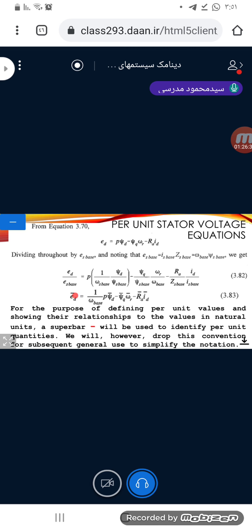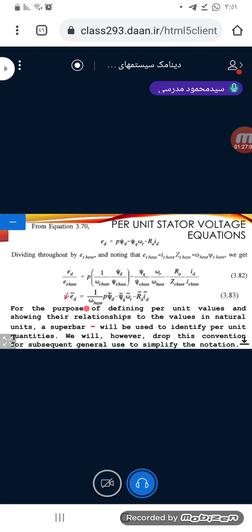That is, e_d super bar is equal to 1 over omega base p psi_d super bar minus psi_q super bar omega_r super bar minus R_a super bar i_d super bar.